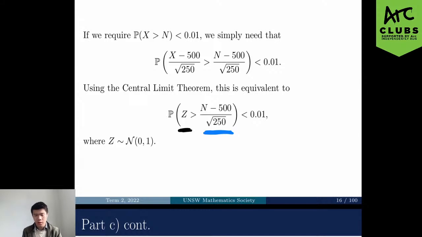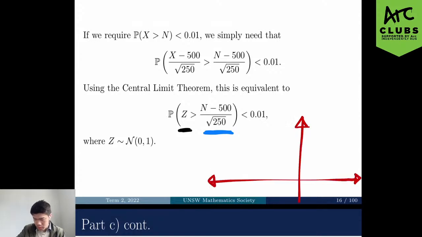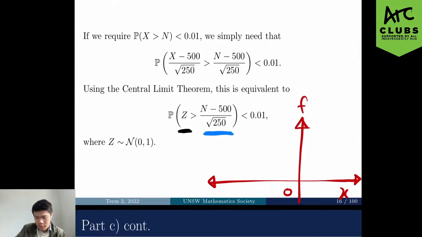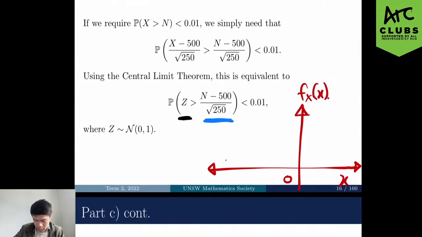That's pretty good. That means we want the probability of Z being greater than (n minus 500) divided by root 250. All right, and at this point, let's just try to draw a graph to make it a bit clearer. So any standard normal random variable, I'll just write x, and this is the probability density function. It'll look a bit like this.